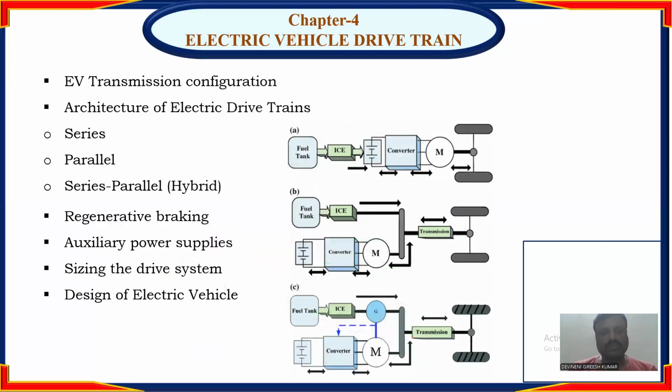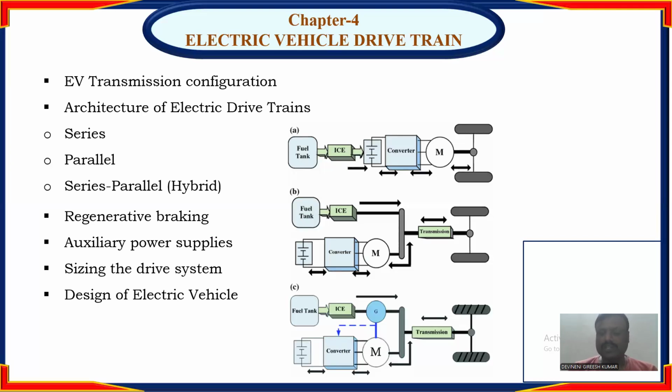Coming to the fourth chapter, here we discuss the electric vehicle drivetrain. In the drivetrain, different types of drivetrain topologies have been designed, particularly in the case of drivetrains of HEVs, hybrid electric vehicles, where we combine the IC engine with electric motors.